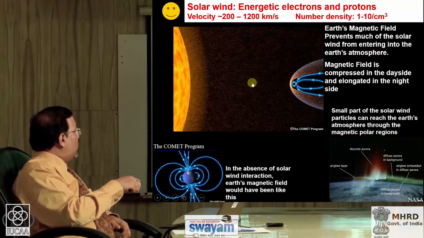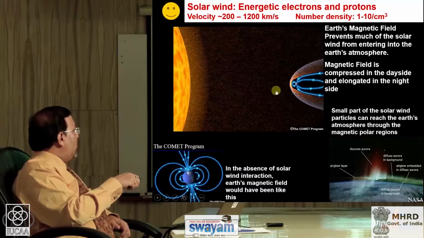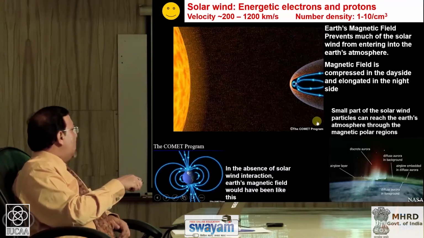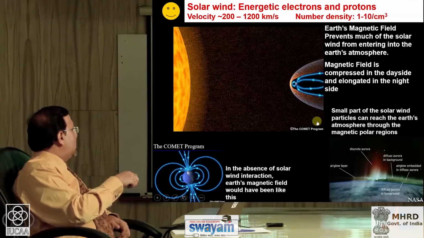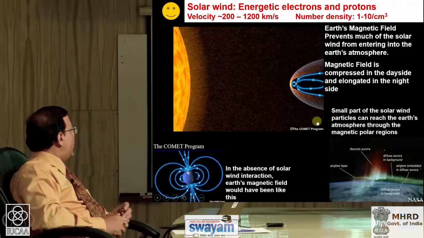So, you have a cocoon shape which actually shields the planet Earth from harmful radiation, or essentially you can say the charged particle radiation coming from the sun. This helps us to deflect these high energy charged particles across the boundaries and does not allow them to enter into the Earth's atmosphere.